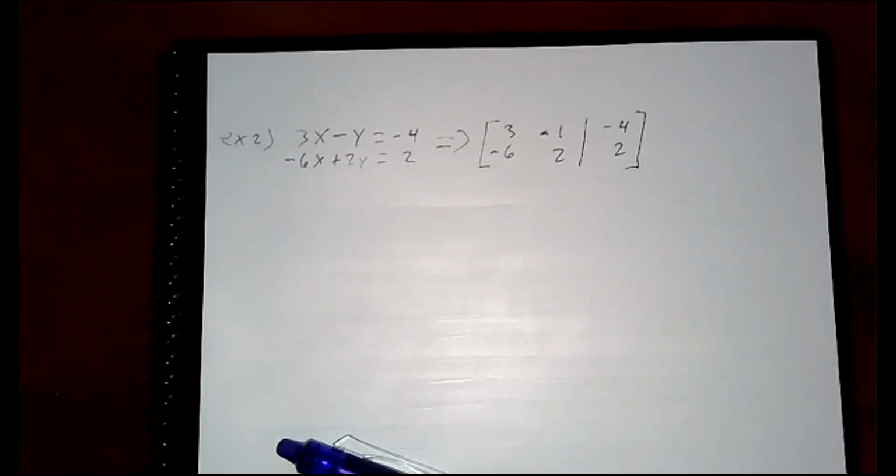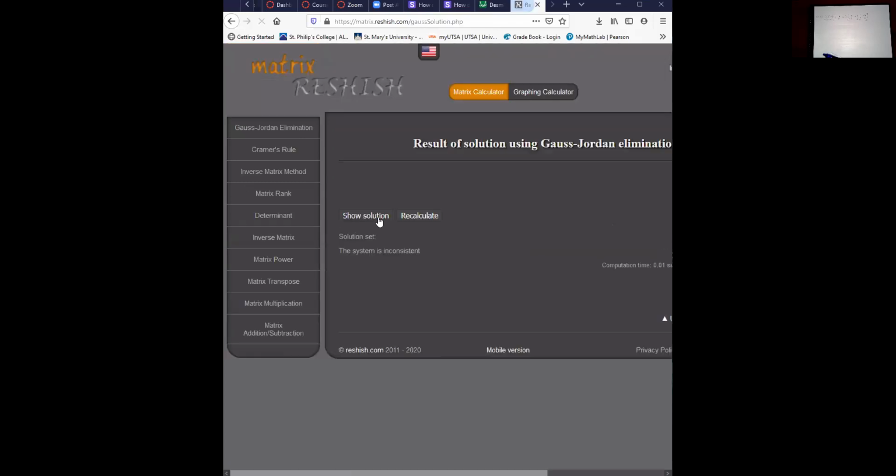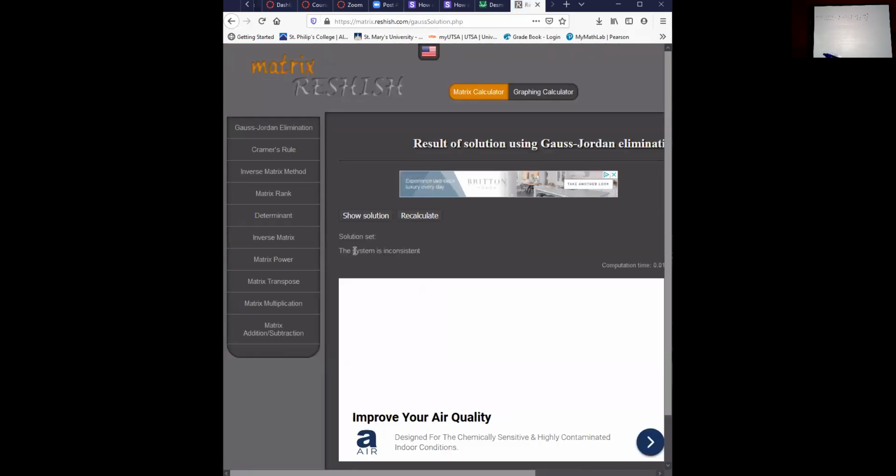Now I have it, so let's type it: 3, -1, -4, -6, 2, 2. If I solve this, it tells me the system is inconsistent. So there's no solution. The system is inconsistent.